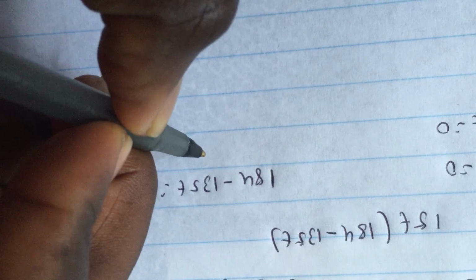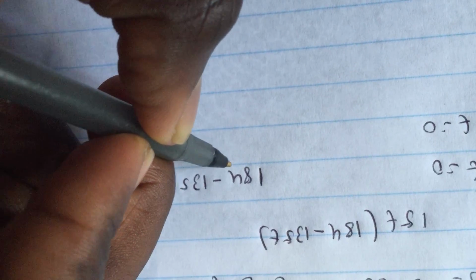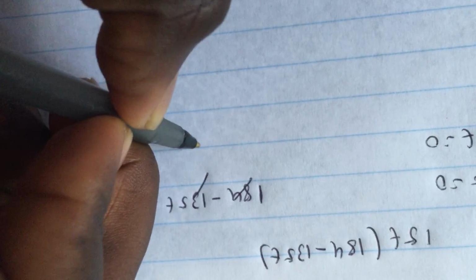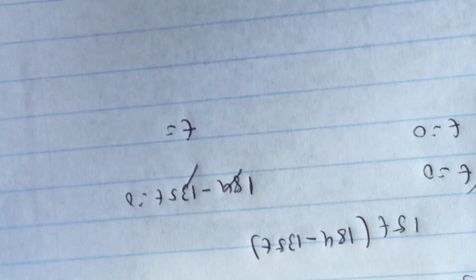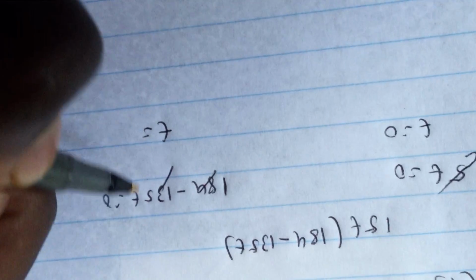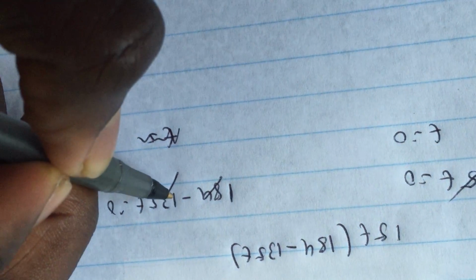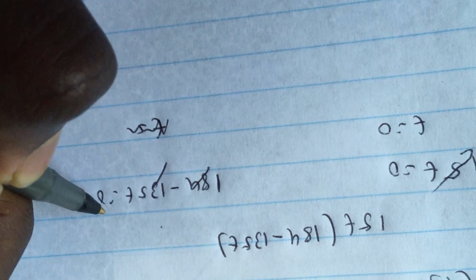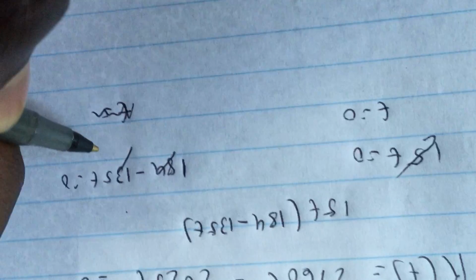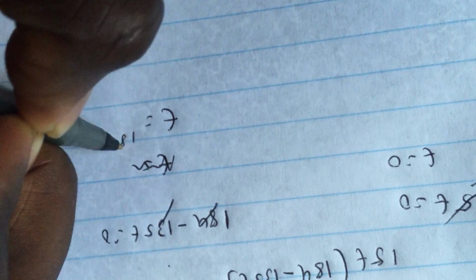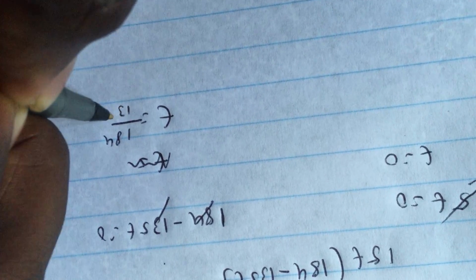Over here, add 135t to the other side and divide, so you get a positive number. So it's going to be t equals 184 over 135.